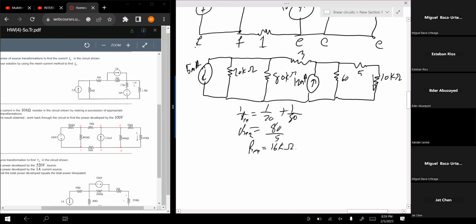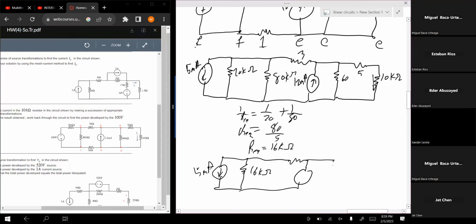So then this is going to be 16 kilo ohms, 5 milliamps. The resistor, current source, 60. And this is going to go.